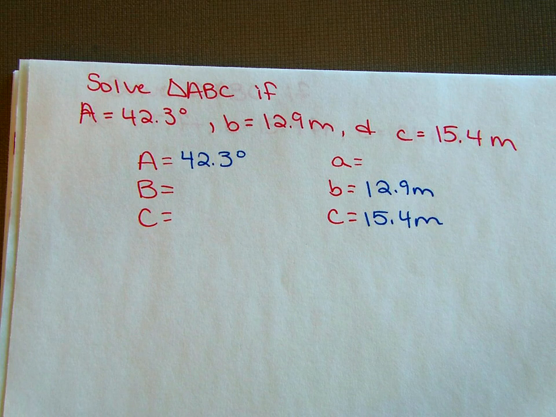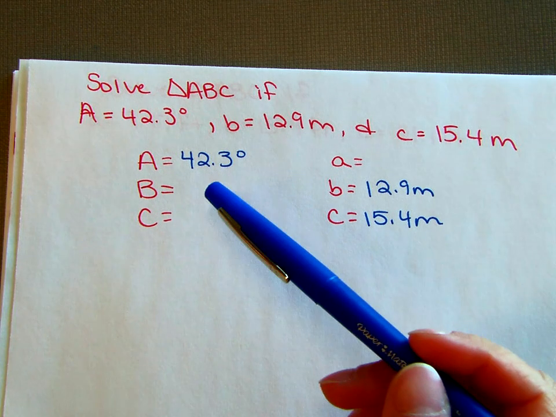Now, when we're solving an entire triangle and we're dealing with our law of cosines, we may have to use our other tools, like our law of sines. We may have to use that our interior angles equal 180 degrees and everything else that we've already been using in Chapter 7, because we have to find more than just the last remaining side length. But if we are given this information, notice we have an angle, a side, and a side.